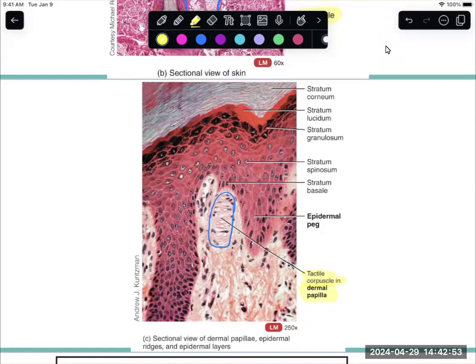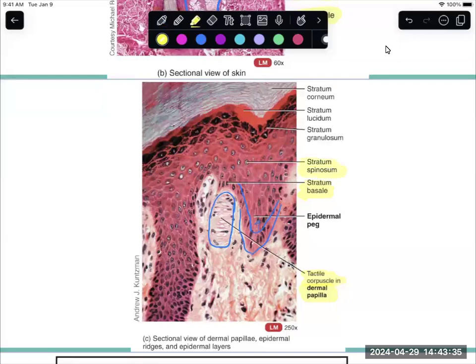The bottom layer of the epidermis is known as the stratum basale. Basal means bottom. Each time, it's going to have the word stratum in there for the layer. The stratum basale is one single layer of cells that is the very bottom. This is the layer of cells that are constantly going through mitosis, that constant cell division. Once a new cell gets made, one cell gets pushed up to the next layer.